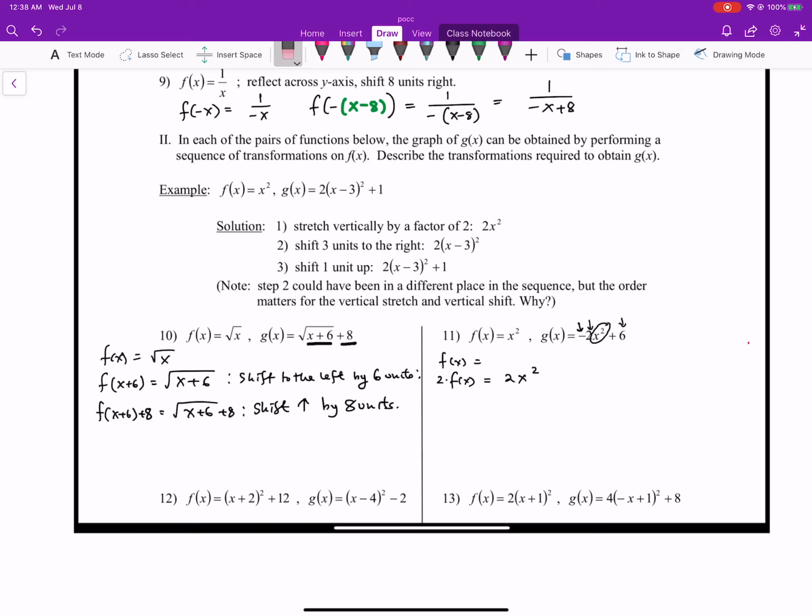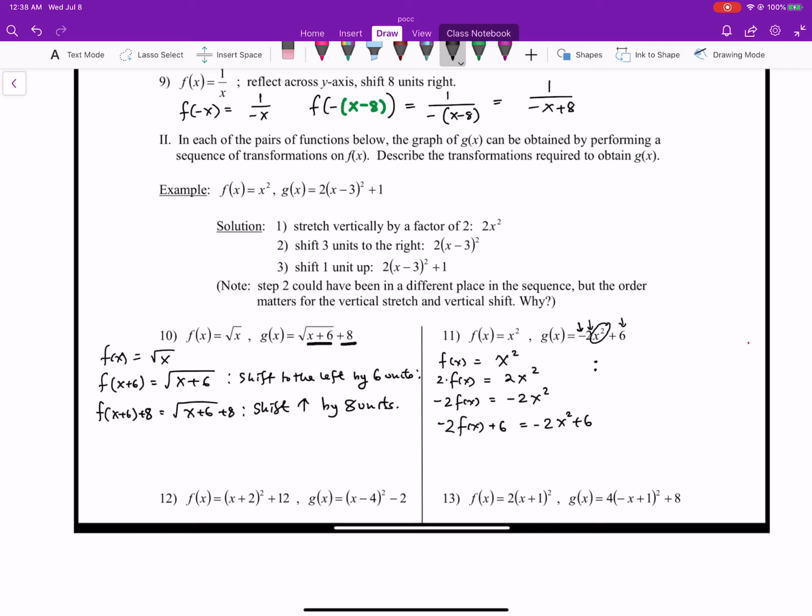It's not cube. And then I need to multiply through with negative. So I get negative 2 f of x. So I multiply through with a negative, I get negative 2x squared. And then to get to the 6, I need to add to the function. So I'm getting negative 2 f of x plus 6 gives me negative 2x squared plus 6.